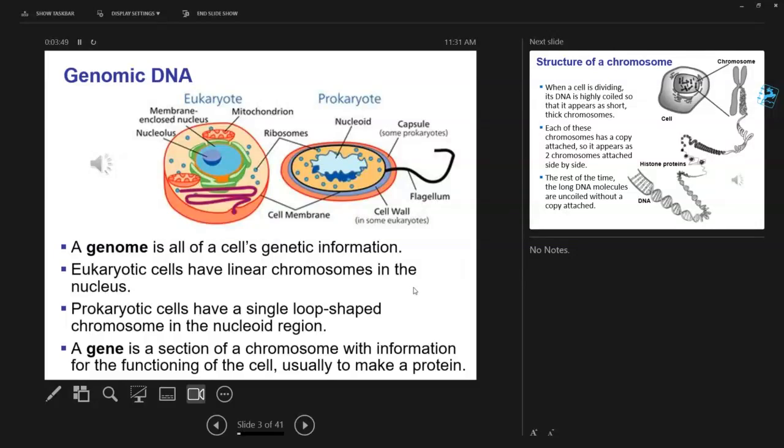We could say that each species has its own genome because even though my genes might not be the same as yours, there are the same kinds of genes. I have genes for eye color, like you do, genes for all the same kinds of features, even though my version of that gene might not be the same as yours.